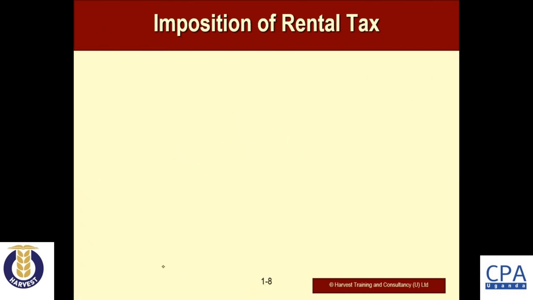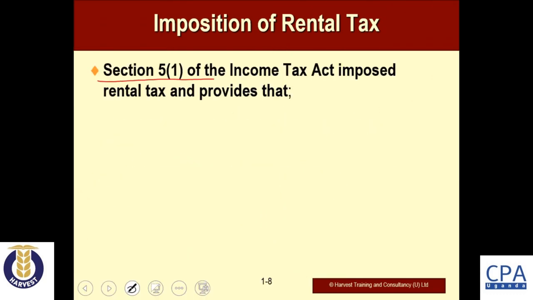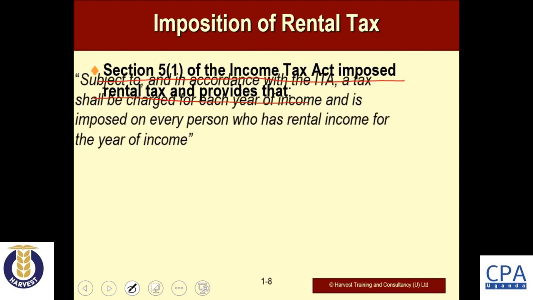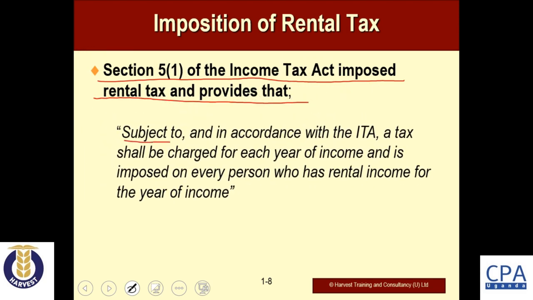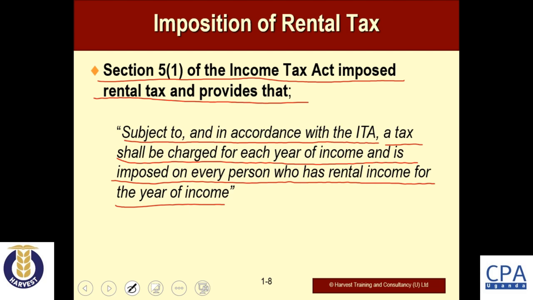So in this discussion, we are saying that Section 5, subsection 1 of the Income Tax Act imposes rental tax and provides that, subject to and in accordance with the Income Tax Act, a tax shall be charged for each year of income and is imposed on every person who has rental income for the year of income.